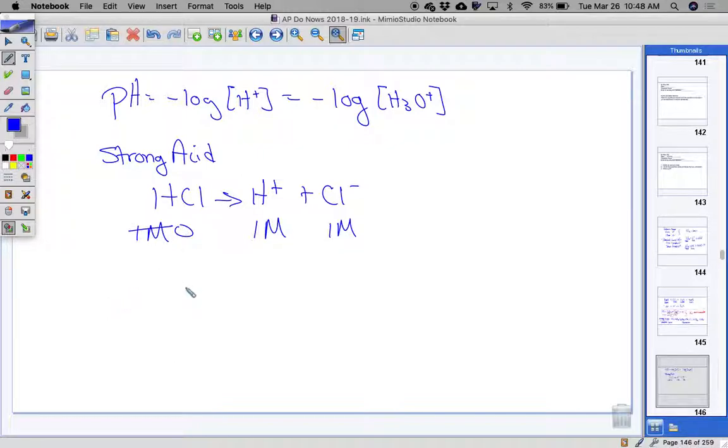So what would be the pH of a 1 molar HCl solution? What's the log of 1? It's 0.